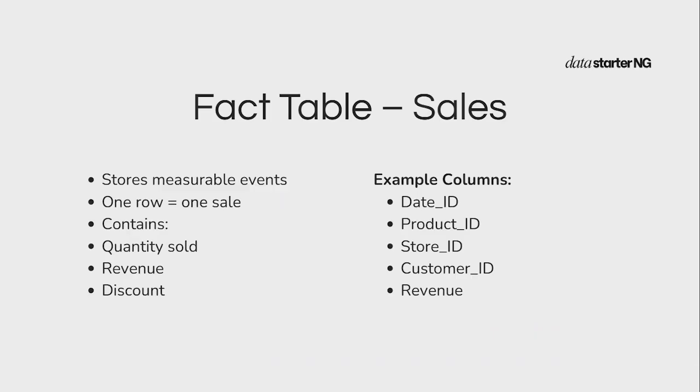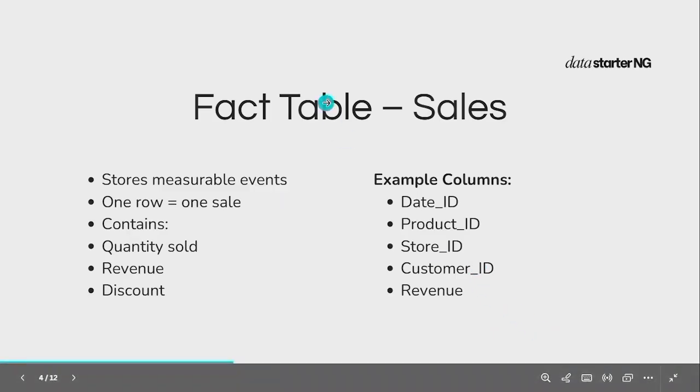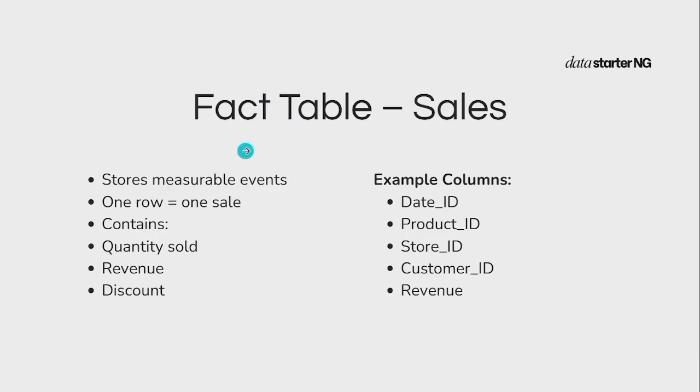Like I mentioned, a fact table is used to store measurable events, and one row equals one sale. It contains the quantity sold, revenue, discount, etc. Here are some example columns you can find in a fact table: the date ID, product ID, store ID, customer ID, revenue, profits, etc. Just things you can track.